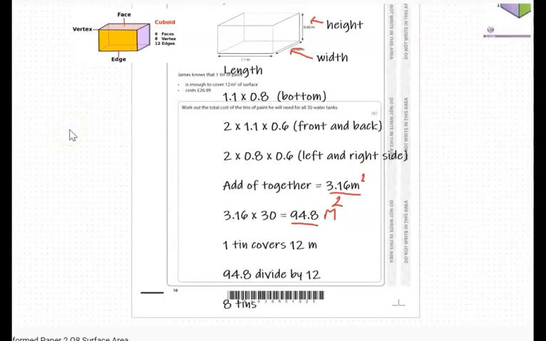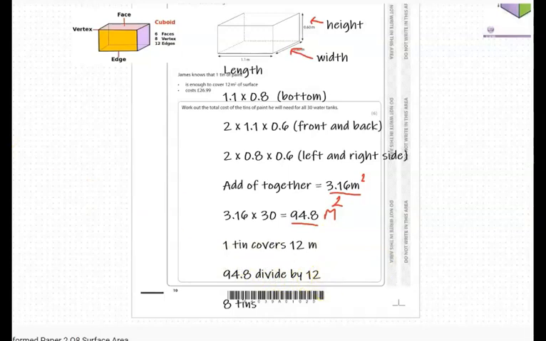James knows that 1 tin of paint is enough to cover 12 meters squared of surface, and it costs £26.99. So we've worked out the surface area. 1 tin covers 12 meters squared. So if we do 94.8 meters squared divided by 12, we should have how many tins?